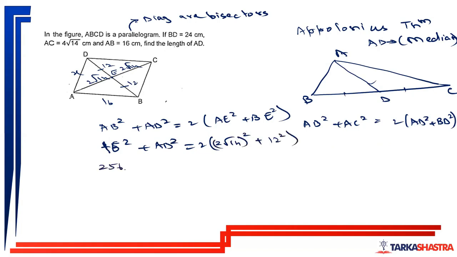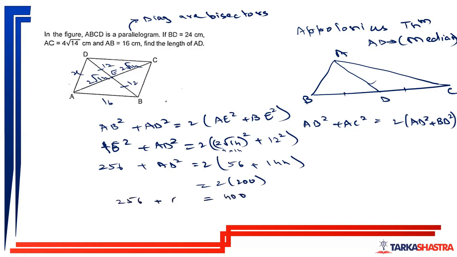So this is 256, 16 square, plus AD square is equal to 2 into 2 root 14 square, which will be 4 into 14, right? 4 into 14 is 56 and 12 square is 144. So 2 into 200, which is 400. This is 256 plus AD square.